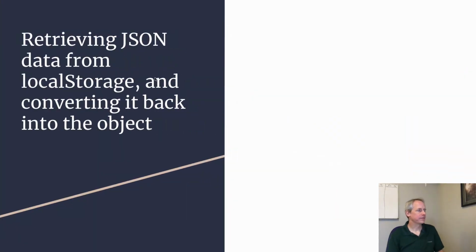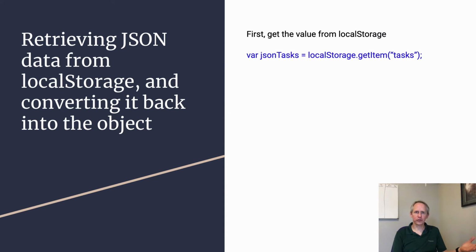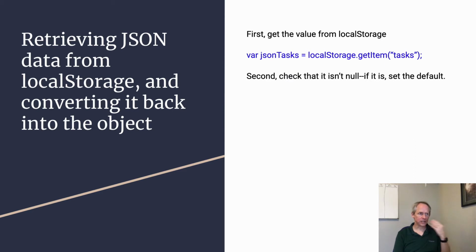Okay. So when we retrieve JSON data from local storage and then we want to convert it back into the object, we get the value from local storage. var jsontasks equals localStorage.getItem tasks. Second, we want to check that it isn't null. If it is, we're going to set it to the default of an empty array, that's empty brackets, left bracket, right bracket.